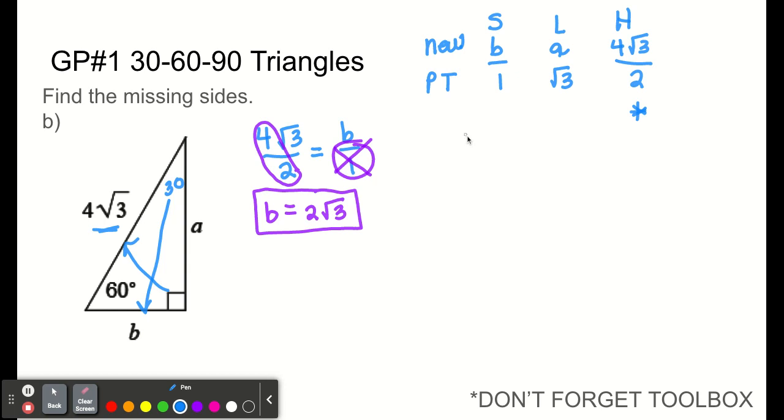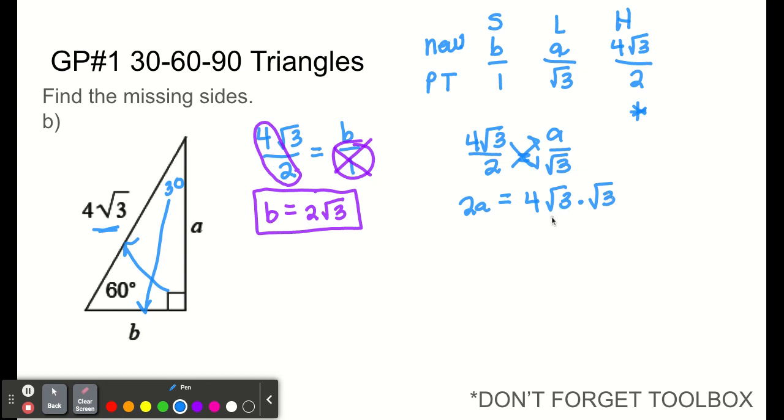For the long leg, using 4 radical 3 divided by 2 again is equal to a over radical 3. When we cross multiply, we get 2 times a is equal to 4 radical 3 times radical 3.